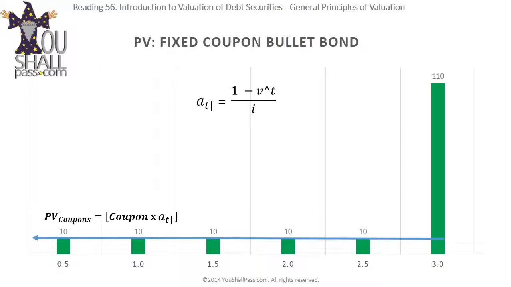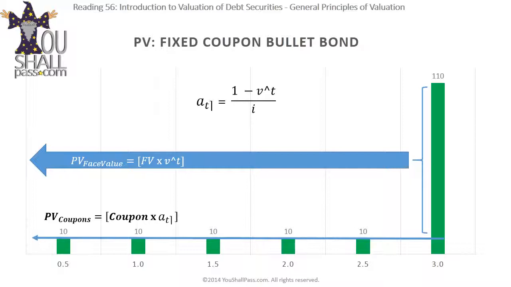The face value, which is bundled up with the last cash flow, needs to be unbundled from the last cash flow and discounted back using the discount factor approach, since it's a lump sum. You need to take care with the last cash flow because it's part coupon, which you've already discounted using the annuity formula, and mostly face value.